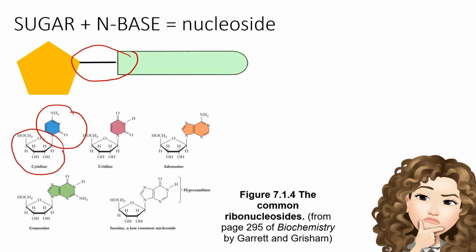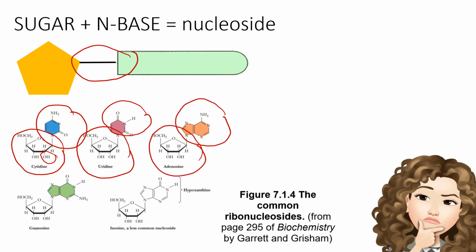We look at C2, we have an OH, this is a ribose, forms cytidine. Then uracil with a ribose will form uridine. Adenine plus a ribose will form adenosine. Guanine plus a ribose will form guanosine.